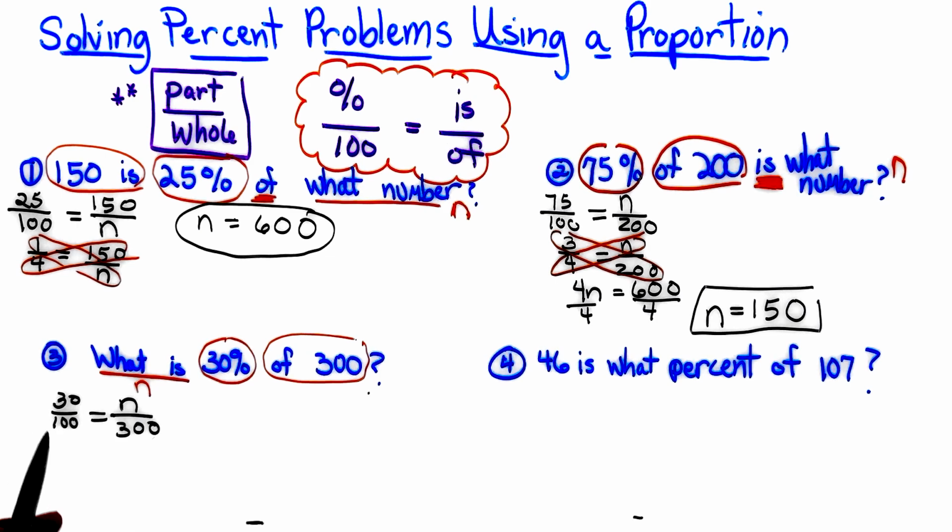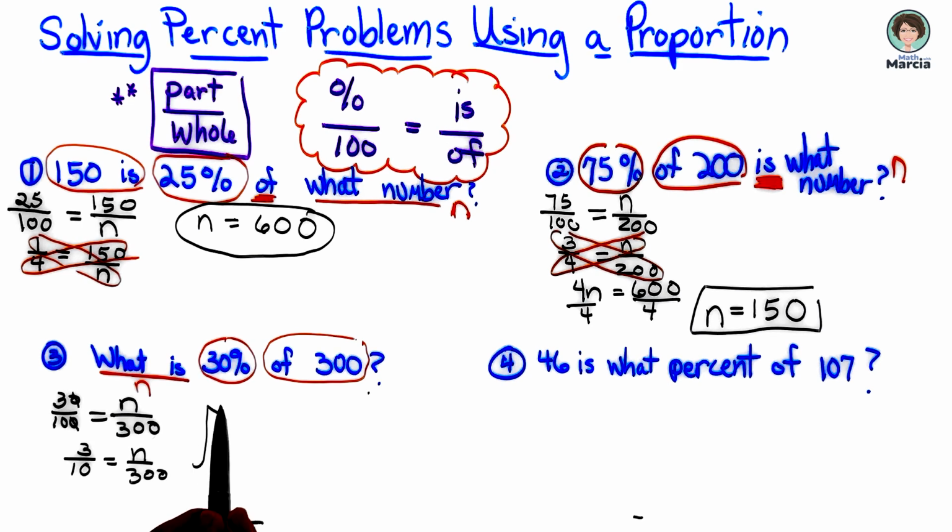Again, when I see this, I see I can divide both by 10. So I end up with 3/10 is equal to my n over my 300. And now I'm going to continue over here to make sure you can see it. So I'm going to do my cross products.